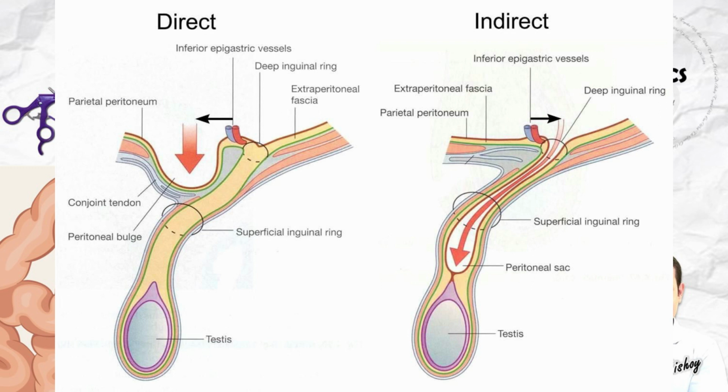The indirect inguinal hernia takes the whole journey from the internal ring, passing through the inguinal canal to the external ring, and it can go through the scrotum, so it might present as inguinoscrotal hernia. This is the indirect hernia, while the direct hernia can form a bubonocele, like a small bulge in the groin area above the scrotum, separated from the testicle, and it never reaches the scrotum because it's due to a defect or a weakness within the abdominal wall itself.